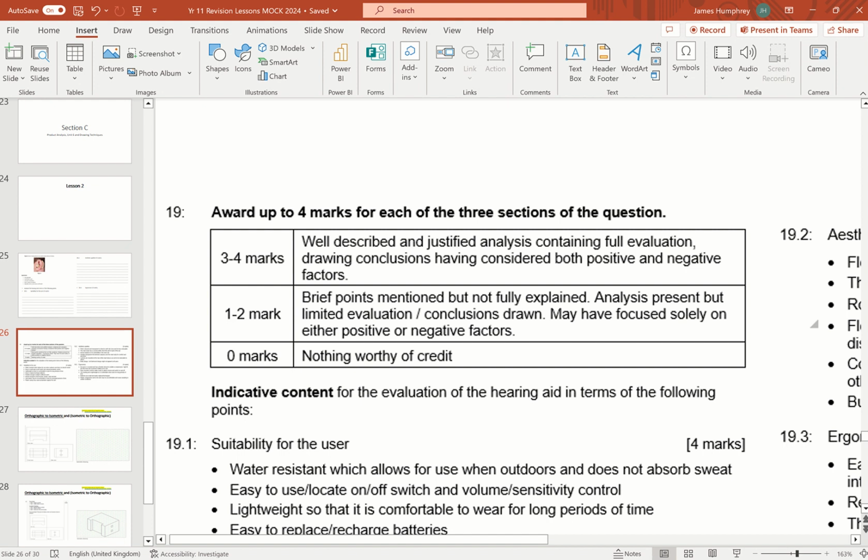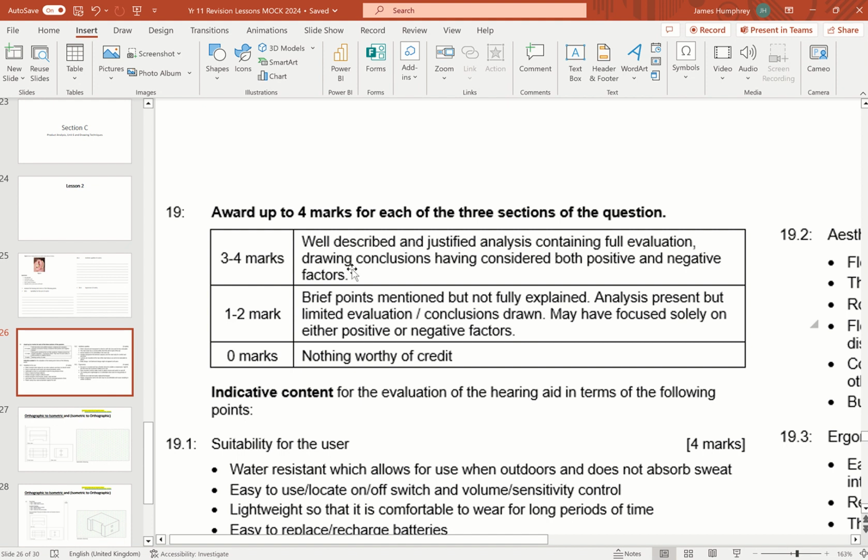Analysis. Present but limited evaluation. Conclusions drawn. May have focused solely on either positive or negative. What they like you to do is to give both positive and negative if you're going to be in the highest box. And so here we are, well described and justified analysis containing full evaluation, drawing conclusions having considered both positive and negative factors.